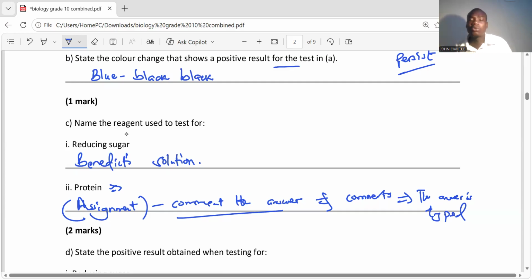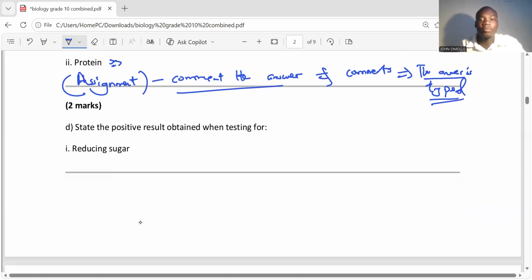Look at how to test for protein. What is the color change? Which color is produced when protein is present? Is it violet? Is it purple? Is it green? I know the answer, but I want you to do your research, then compare your answer with mine. I have typed my answer down there. Thank you for that.